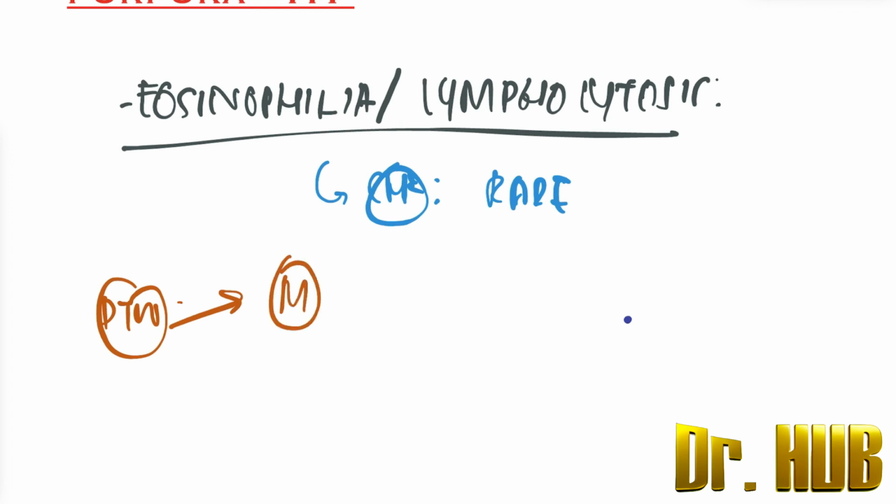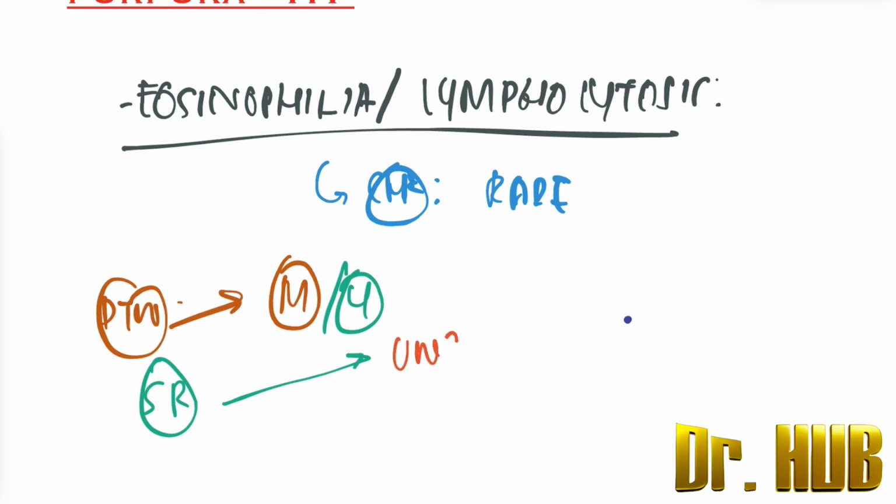The duration is in terms of months, or it can even be years. Then spontaneous remission: in acute it was 80% of cases, whereas in chronic ITP it is quite uncommon.